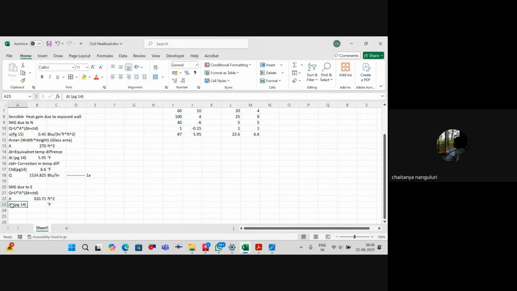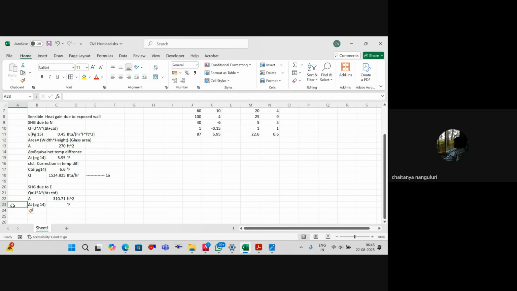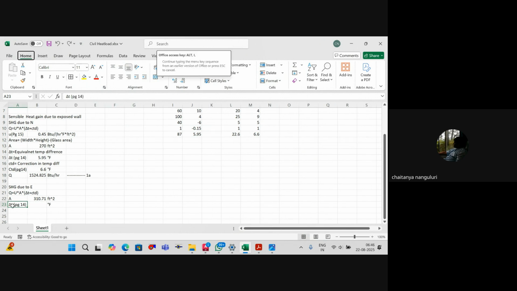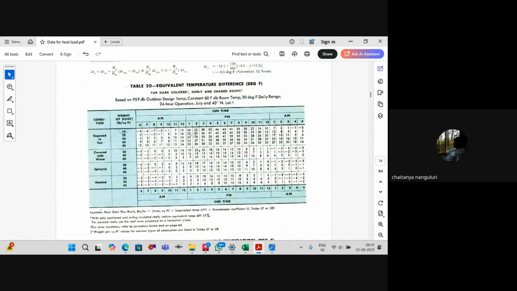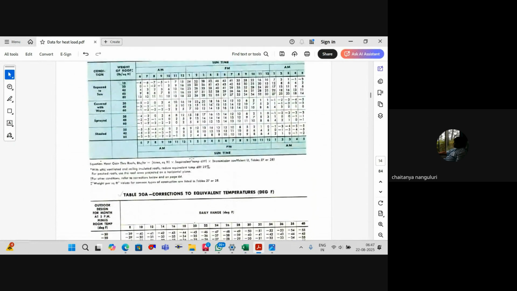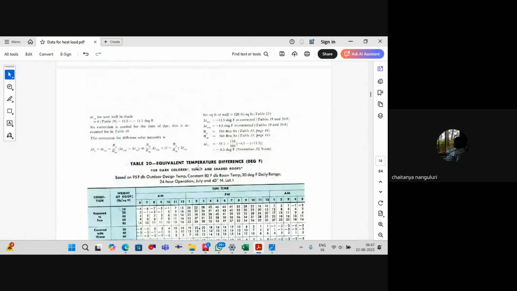Will you use the same brick or different bricks according to the directions? Same brick. So obviously the U factor will not change, but delta T will change because of the orientation. So delta T, if you see, what is the direction that we got?